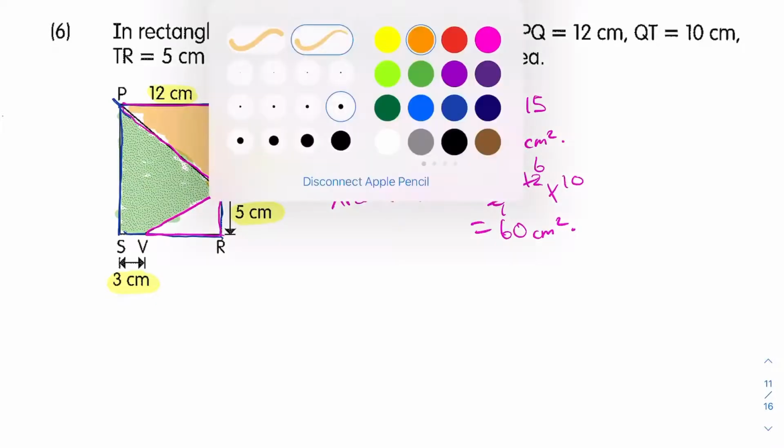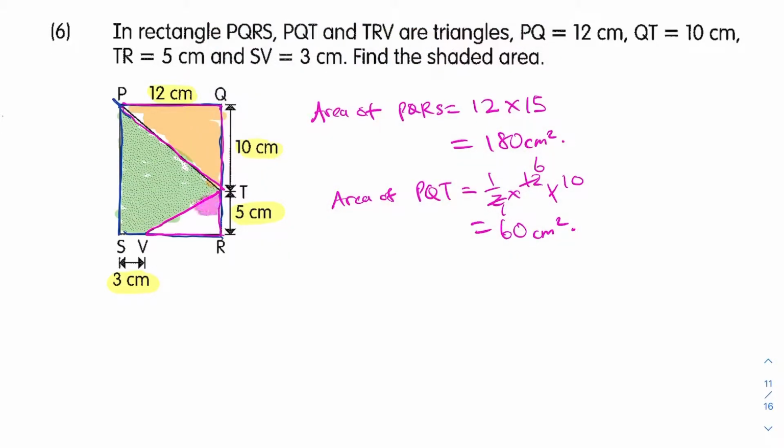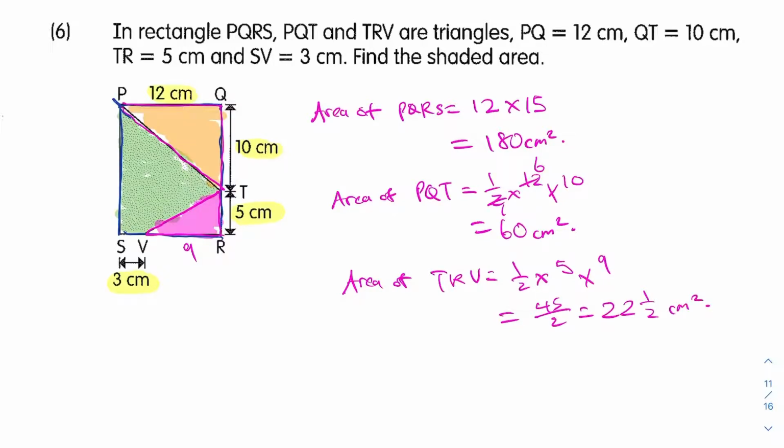And meanwhile, the area of TRV would be half times 5 times 9 would be 45 over 2, which would be 22 and a half cm square, or you can write 22.5 cm square, right?